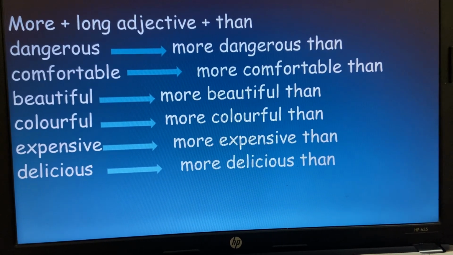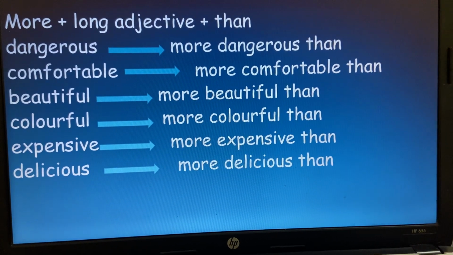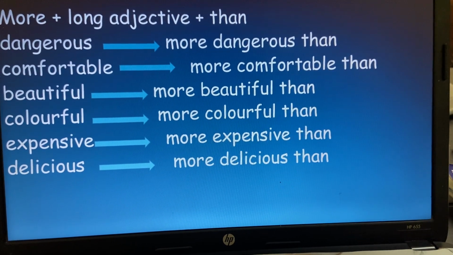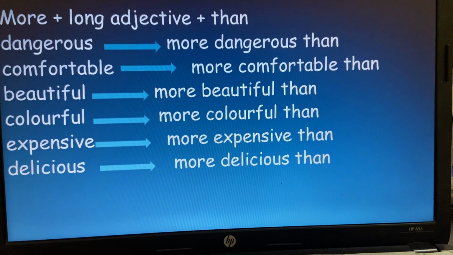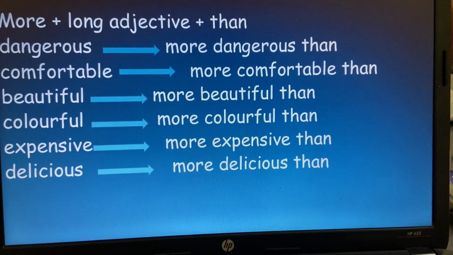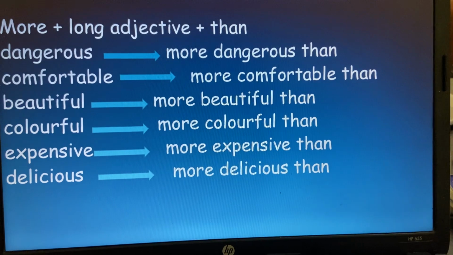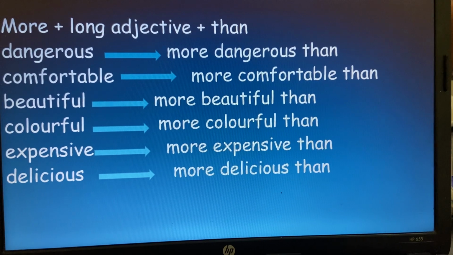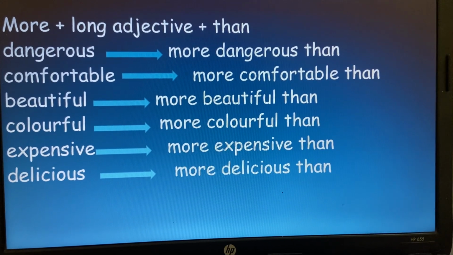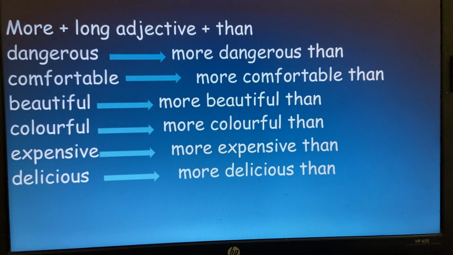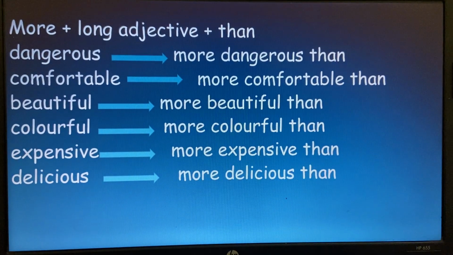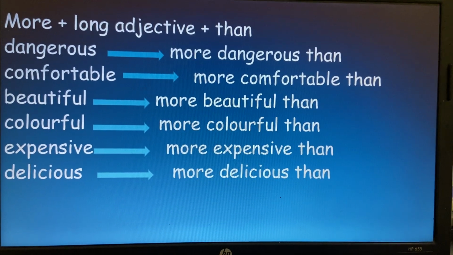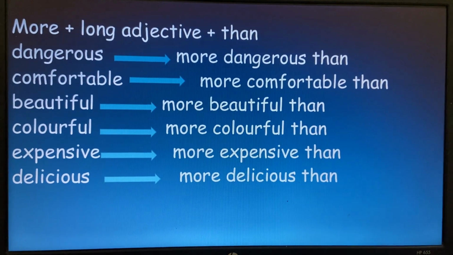Beautiful, more beautiful than. Colorful, more colorful than. Expensive, more expensive than. Delicious, more delicious than. So the form of the long adjective is more, then the long adjective, and than.